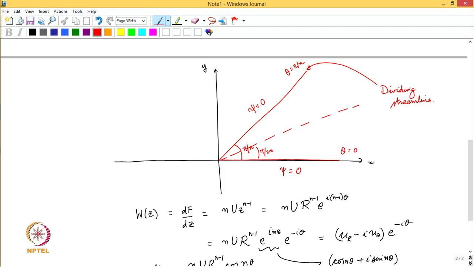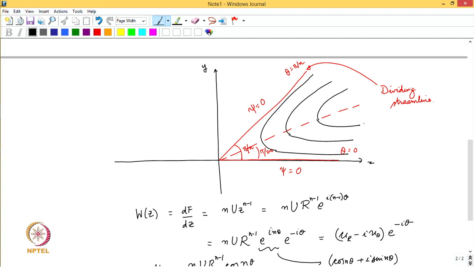Then the other streamlines in the flow would look like this. So, you will see the other streamlines of this type. Okay.